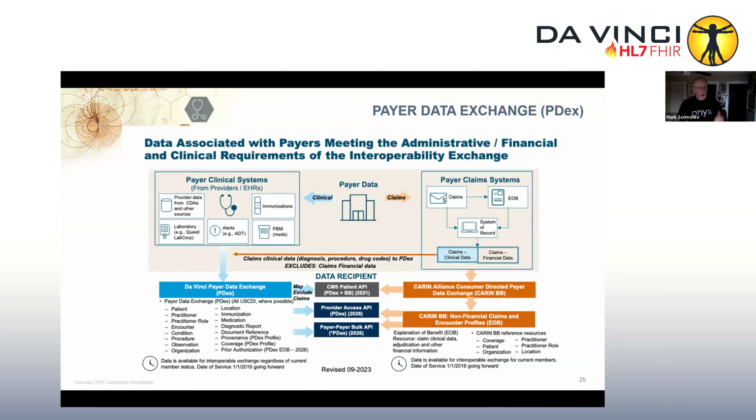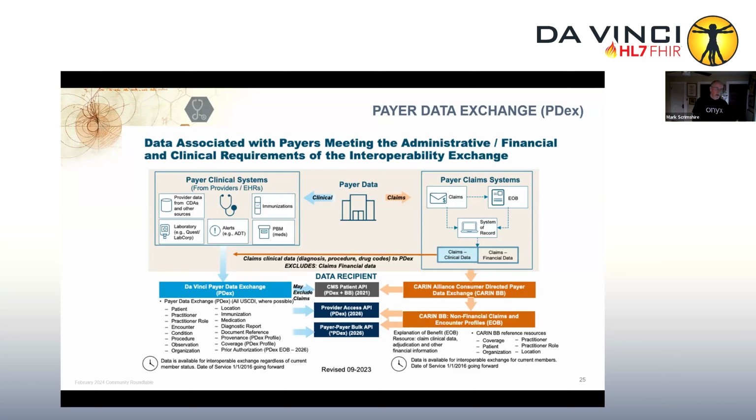That's the core purpose of PDEX, and that was really featured in the CMS Patient Access API, the CMS 9115 rule. At the same time, the CARIN Blue Button, the CARIN Alliance's consumer-directed payer exchange, are focused on making full claims and encounter data available to members through those same APIs.